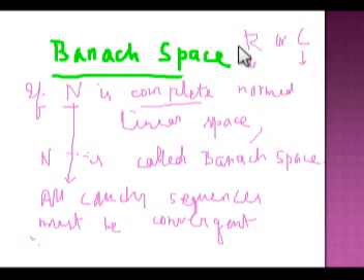So R and C also form normed linear spaces, and they are the most well-known examples of Banach space. If R is a Banach space, then R^n or C^n are also Banach spaces. They are complete normed spaces.